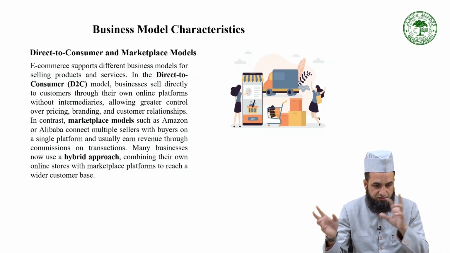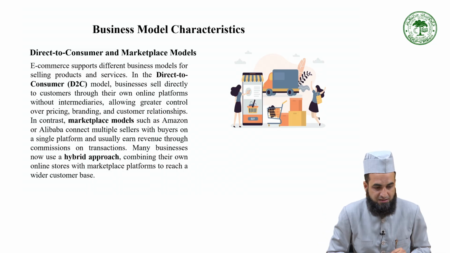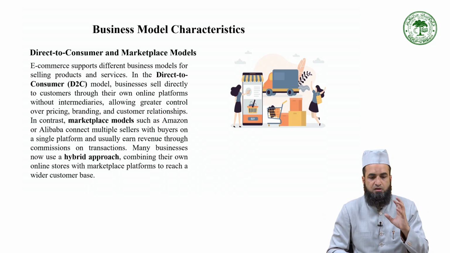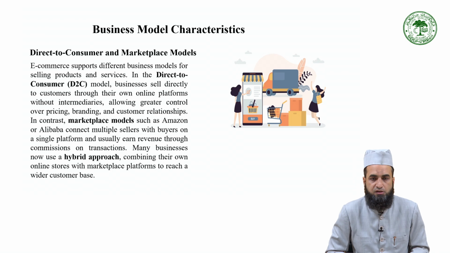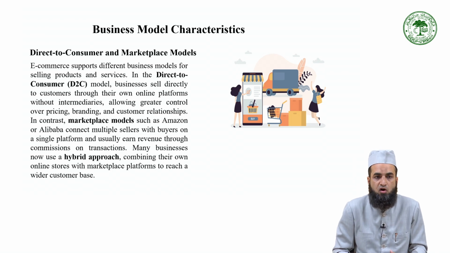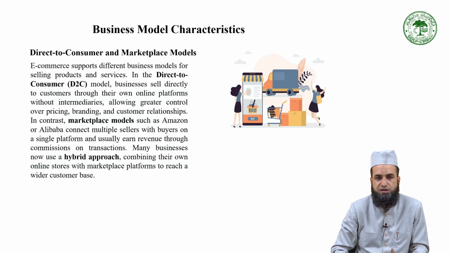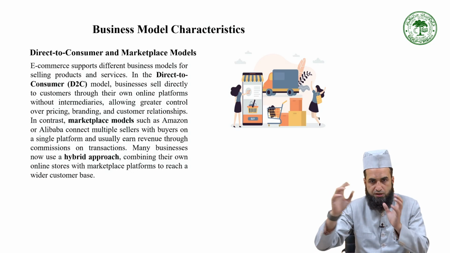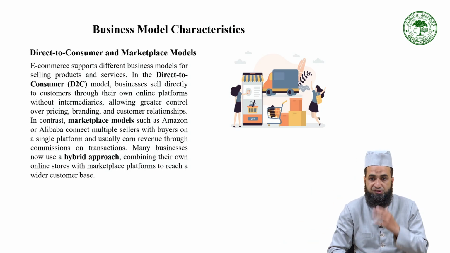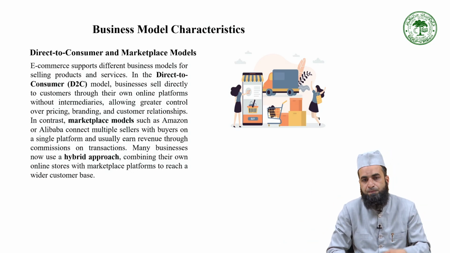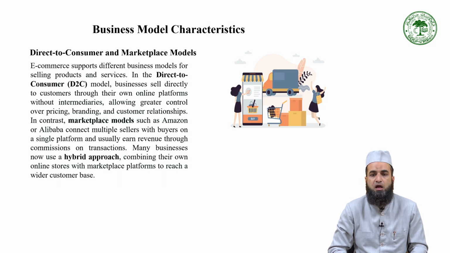Okay, now let's talk about business model characteristics. We'll discuss D2C and marketplace models. E-commerce facilitates different business models, each with distinctive characteristics. The DTC, direct-to-consumer model enables businesses to sell directly to end customers without intermediaries, allowing for better control over branding, pricing, and customer relationships.